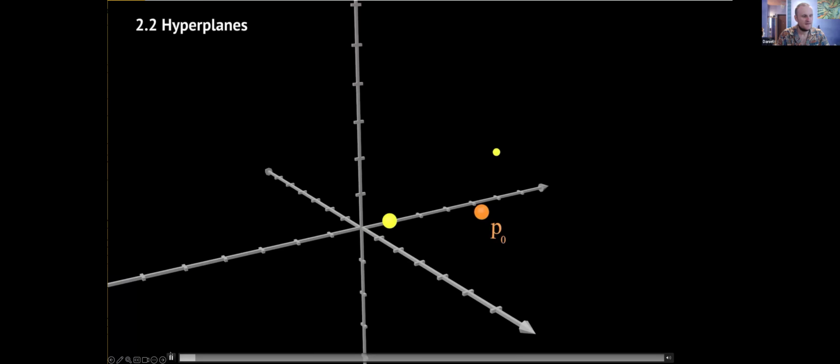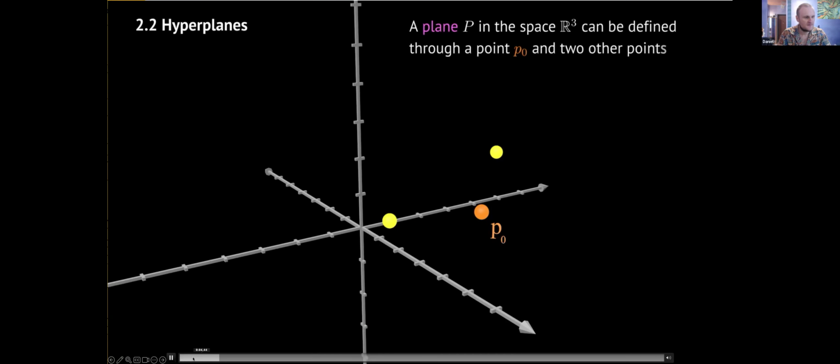Okay, we'll start very slowly and try to speed up as we go. First thing first, what can we say? We can say that a plane, if we stay in R3, a plane P can be defined as a plane that passes through a point P0. How can it be defined? Let's think of all the ways we can do that.